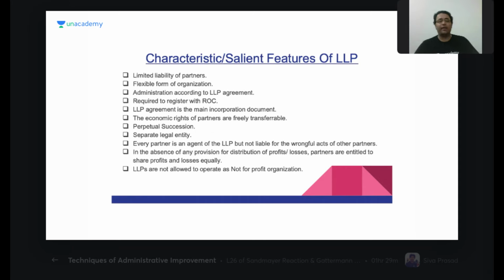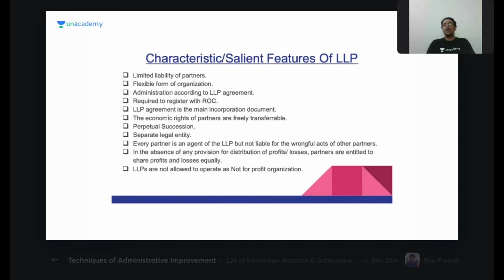Okay, now let's come to the important slide, which is the characteristic and salient features of LLP. We see about 10 or 12 points here. Don't worry, we will be going through each and every point in detail and explaining things to you. Now first and foremost, what is the essential feature of an LLP? It is limited liability of partners.